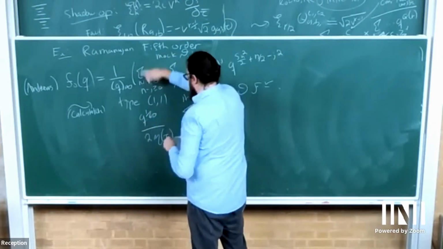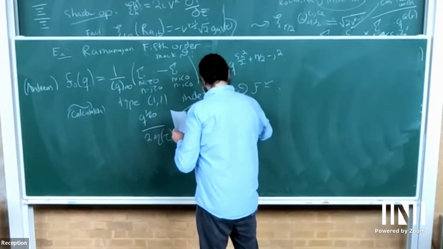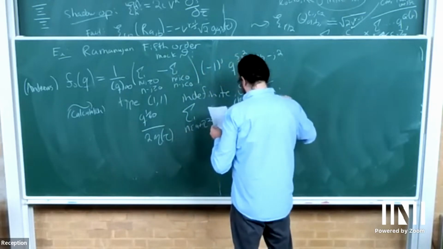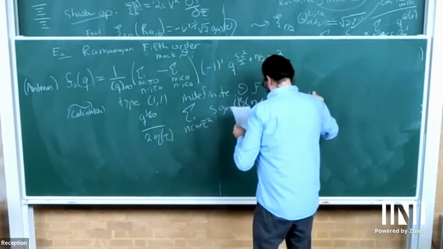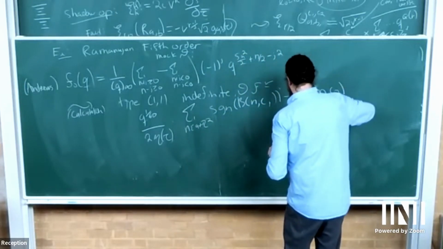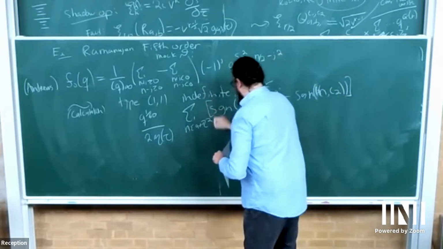So how do I write this thing naturally? I write this as a difference of sign functions, which we've already seen come up. So the difference of sign functions is the bilinear form of n against c1 and n against c2. I have to write B, maybe I'll write square brackets here.